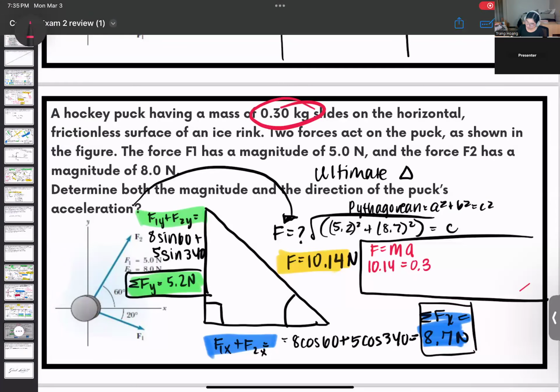All I gotta do now is solve for acceleration. I'm gonna get an acceleration of 33.8 meters per second squared. Okay. Or 34 meters per second squared. That is my final answer.